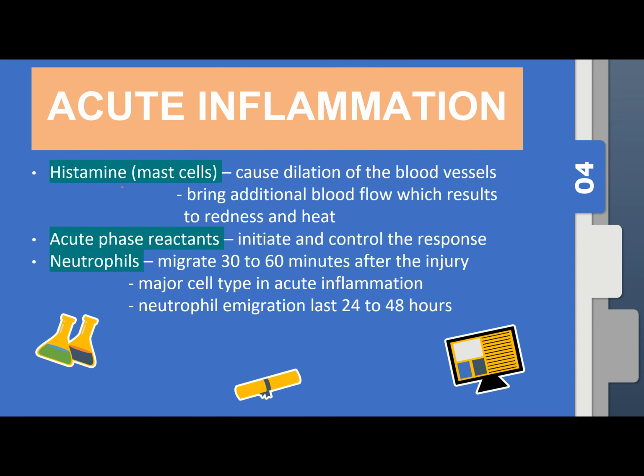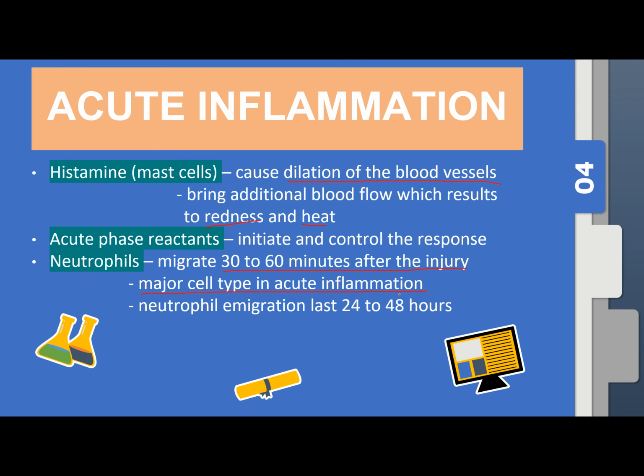Then other substances involved would be your histamine secreted by mast cells. This is the one responsible for the vasodilation of the blood vessel, bringing additional blood flow resulting to redness and even heat. Acute phase reactant would initiate and control the response. Neutrophils would migrate 30 to 60 minutes after injury.